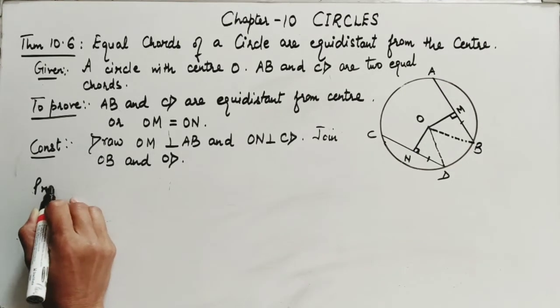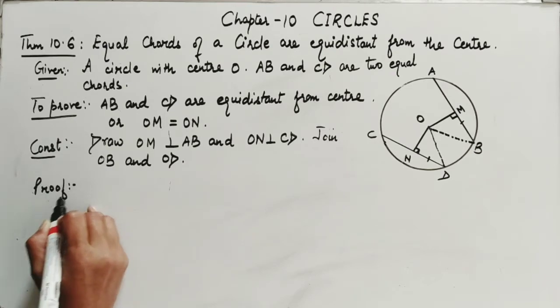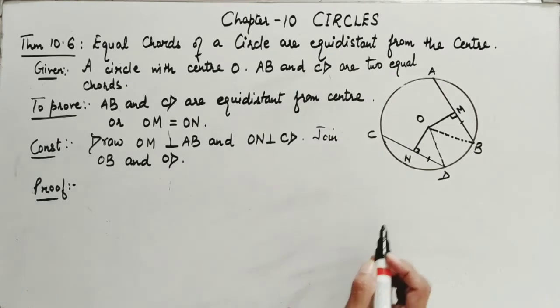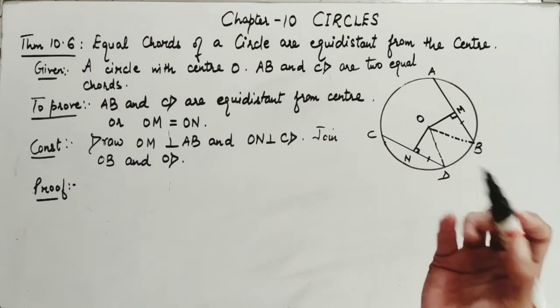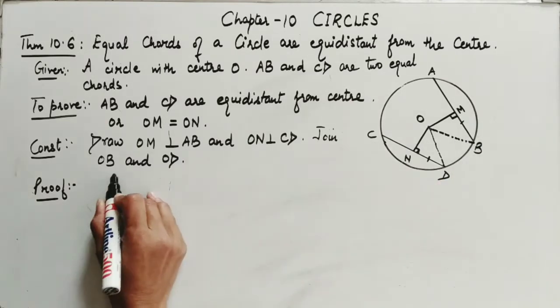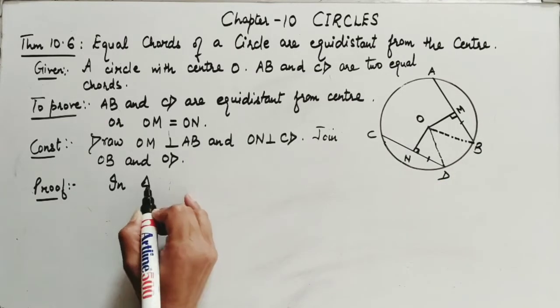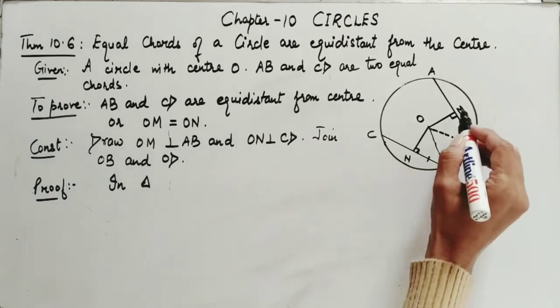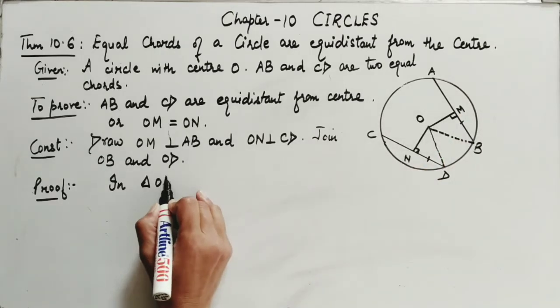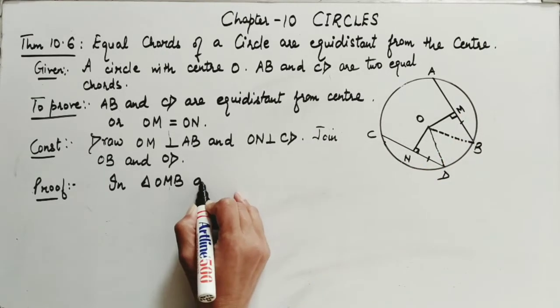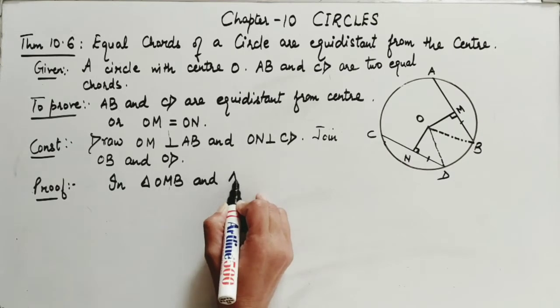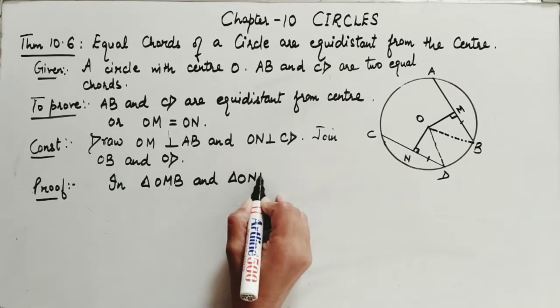Proof. First of all, let us see which triangles we are going to pick up. We have taken triangle OMB and triangle OND.